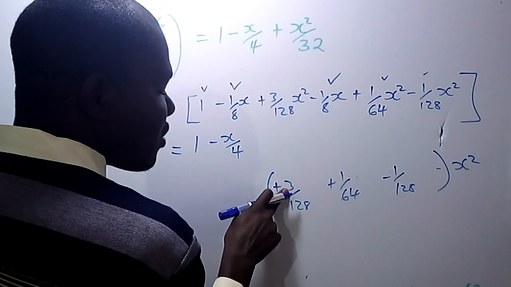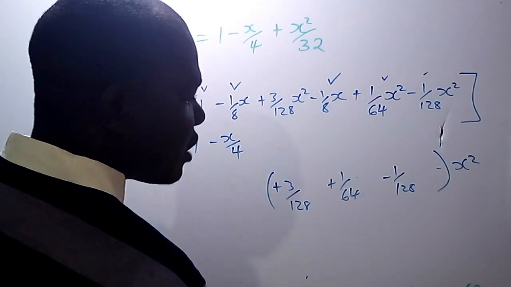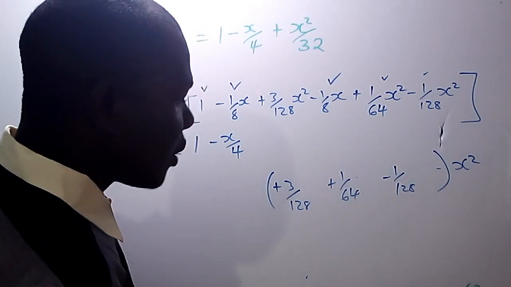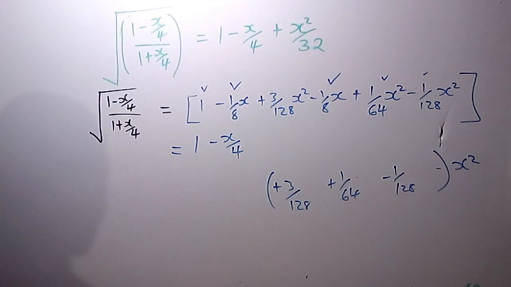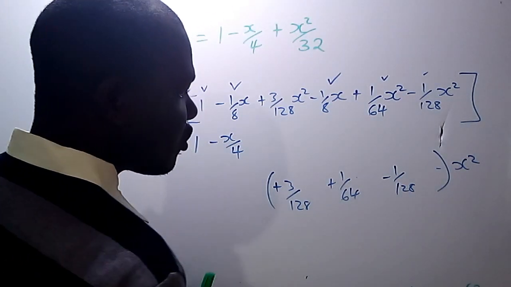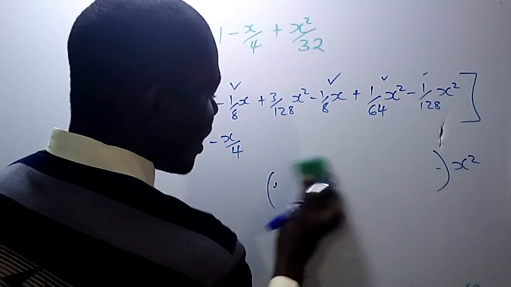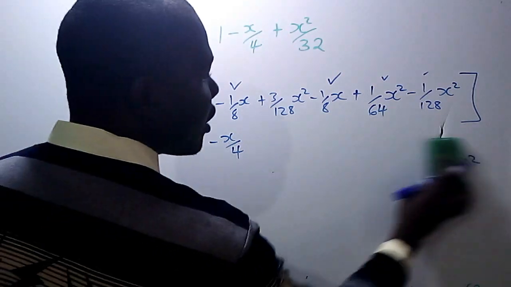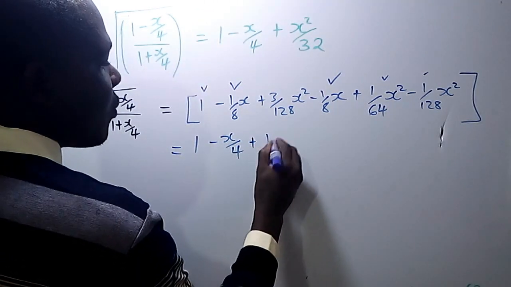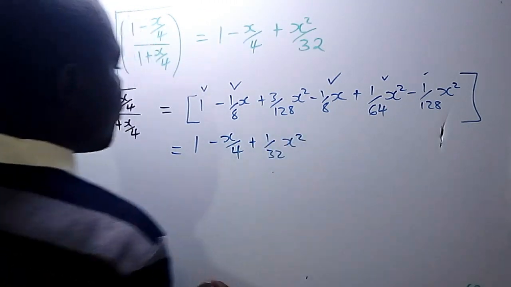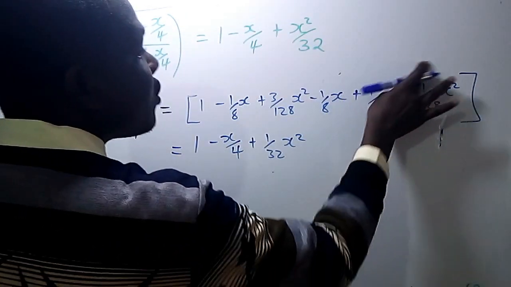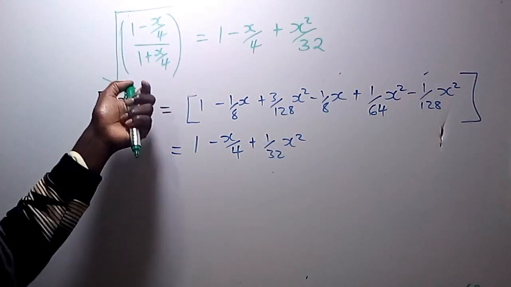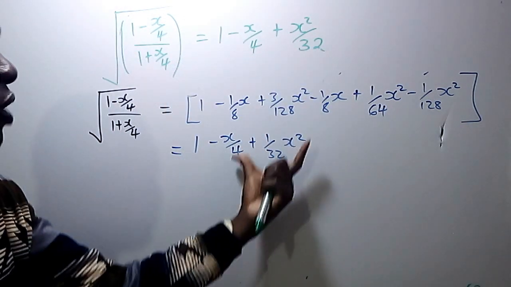So 2 over 128 plus 3 over 128 is 5 over 128, minus 1 over 128, that is 4 over 128. 4 over 128 is 1 over 32. So 1 over 32 times x squared, you get plus 1 over 32 x squared. So we've actually shown that when the value of x is very small, this is approximately this.